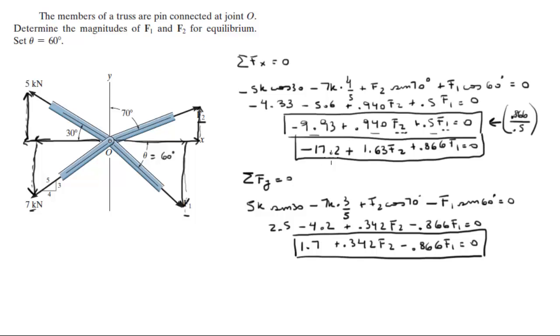Now that I have this new equation, I'm going to write it down here. 17.2 plus 1.63 F2 plus 0.866 F1 is equal to 0. Now look what happens. I'm going to add these two together now.